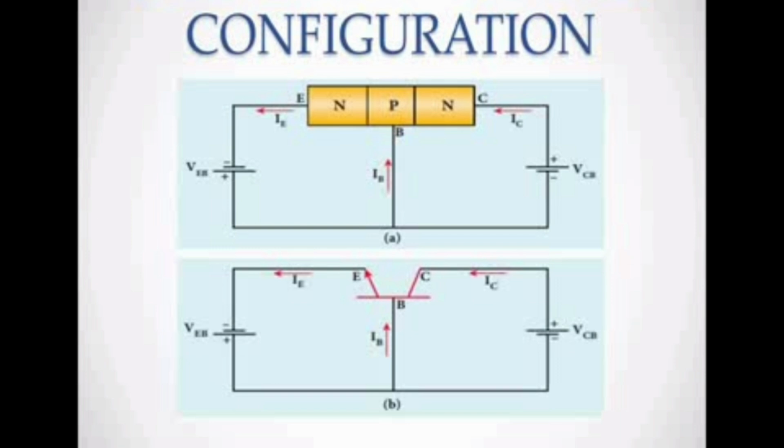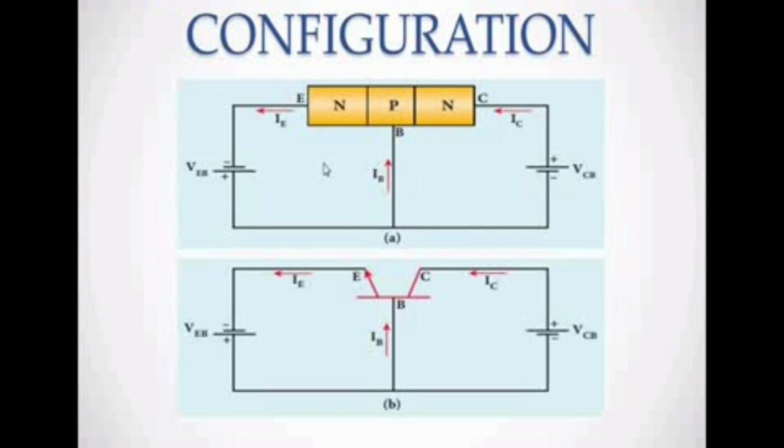Forward biasing means that the emitter and base are connected in forward bias. So N-type material is connected to negative, and P-type is connected to positive. So it is forward bias. See here, N-type is connected to positive and P-type base is connected to negative. So it is a reverse bias. So it's called forward bias and reverse bias.